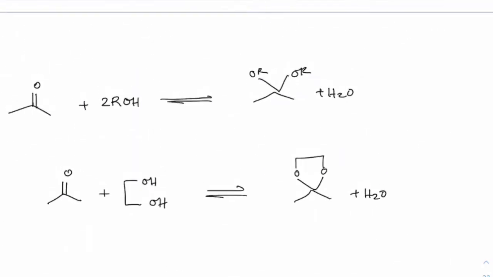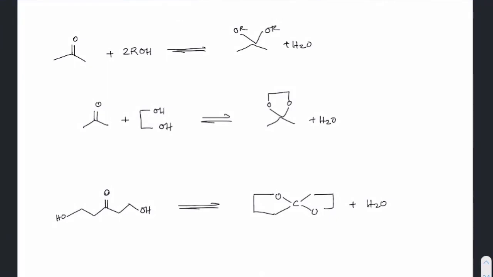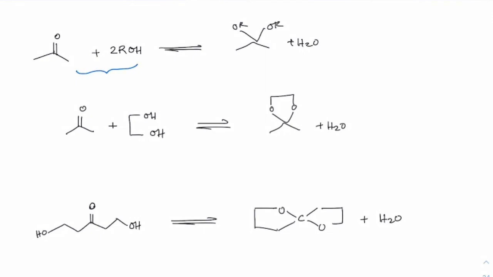Now these are the cases I have just put here to make sure you understand the entropy factor. If you see the entropy factor here, we have 3 moles and here we have 2 moles, so the change in entropy is less than 0.